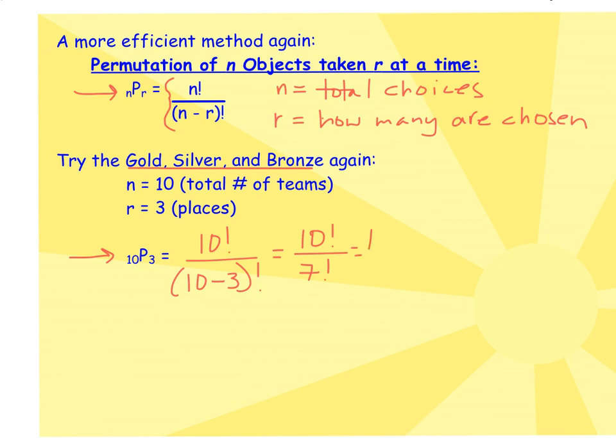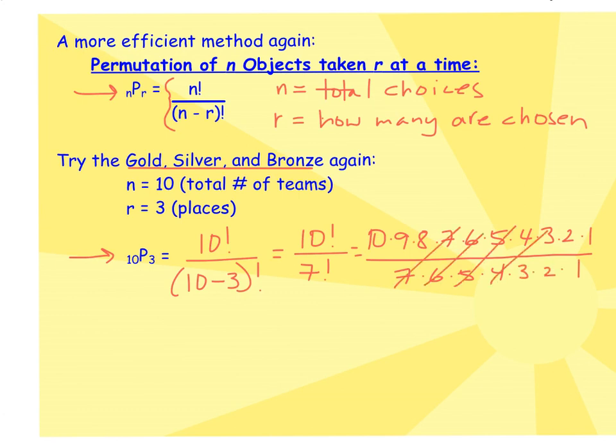This by definition is 10 times 9 times 8 times 7, 6, 5, 4, 3, 2, and 1. But if we divide out 7 and lower, so 7 times 6 times 5 times 4, 3, 2, and 1, notice everything cancels except for that 10 times 9 times 8, which was 720.